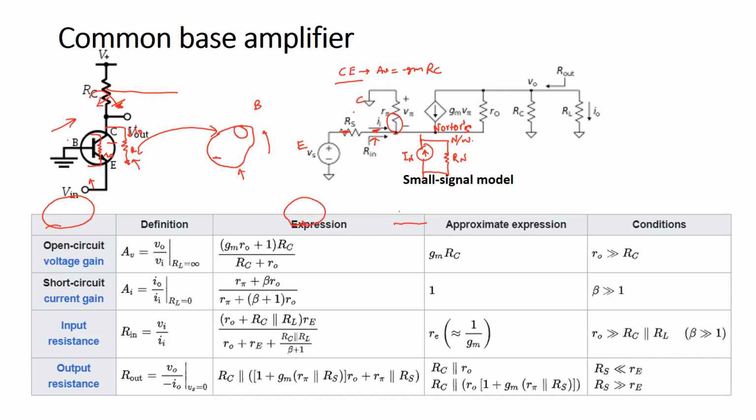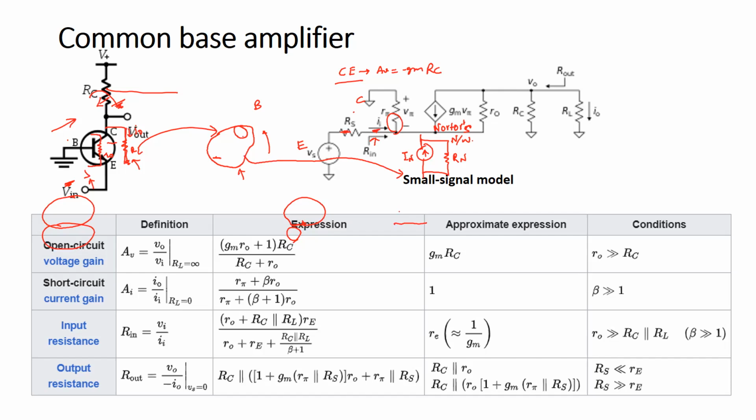Now you have another expression for the short circuit current gain. You just short this resistor RL and we say that the output current is equal to the input current, and the input current is coming from this voltage source. As I just explained, even though you apply a voltage source with a series resistance, it is the dual of Norton's network.